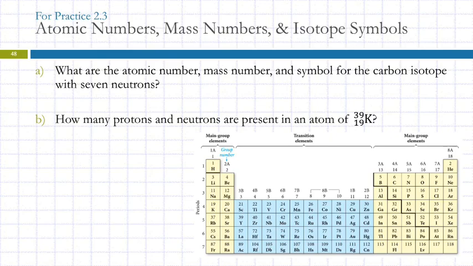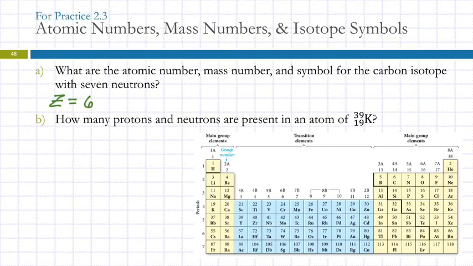And that has the symbol Z. So for carbon with 7 neutrons, what's the atomic number? How many protons does carbon have? 6. So this atomic number is not going to change for the different isotopes of carbon. It's 6 protons.